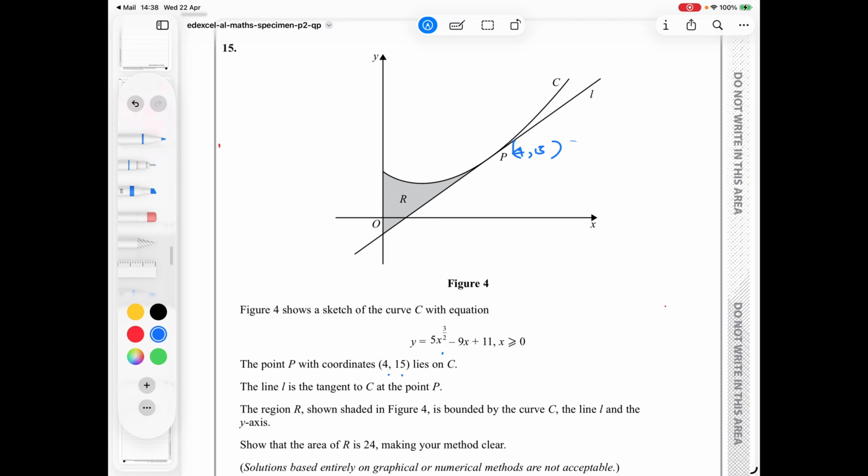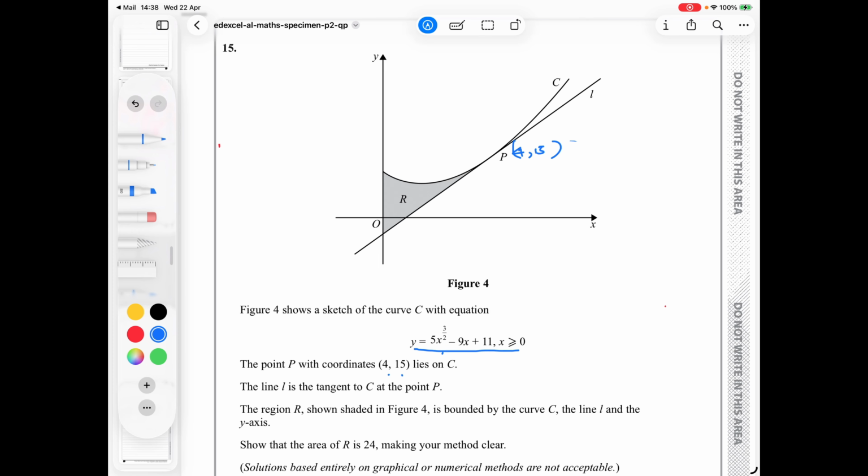So before we do anything else, we're going to have to find the equation of line L. In order to do that, we need to find out what the gradient is, and we can find that by differentiating y.